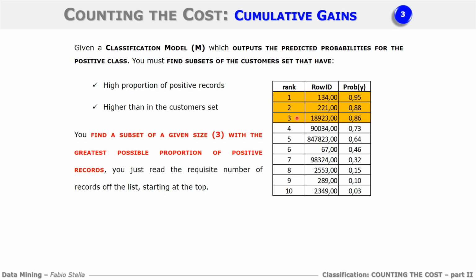In this case, we selected the first 3 customers of this list as being the churners, so those people that will be included into the set of potential customers. Then you go on to compute the lift factor of this sample selection.